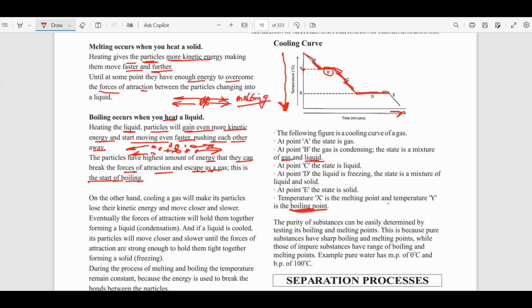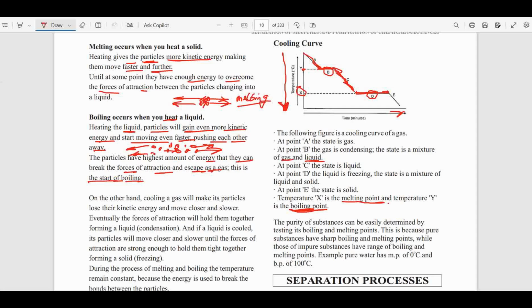But what is going on here, you will be having a mixture of liquid and solid at this point D. And that will coincide with X, which represents the melting point.